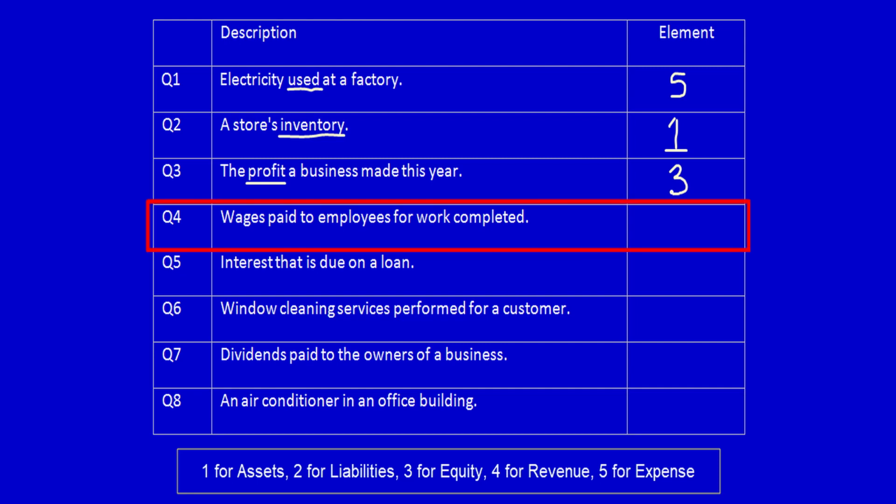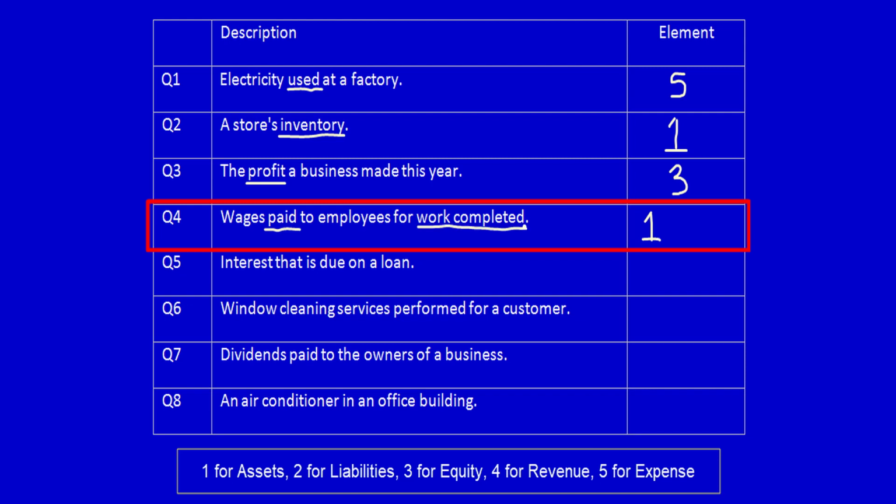Question 4. Wages paid to employees for work completed. The first key word is paid. That means there must have been an outflow of cash. Cash is part of assets, and therefore assets are impacted by a decrease. 1, Assets. However, there's a second key word, work completed.